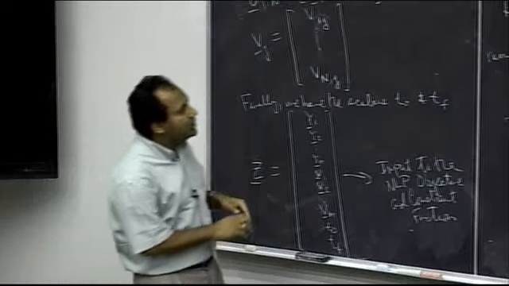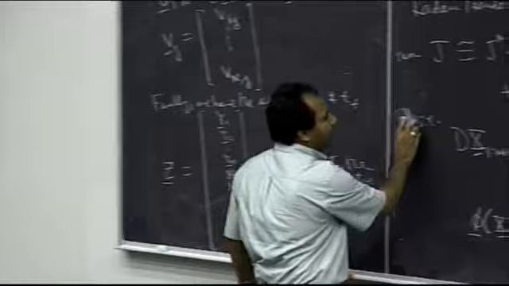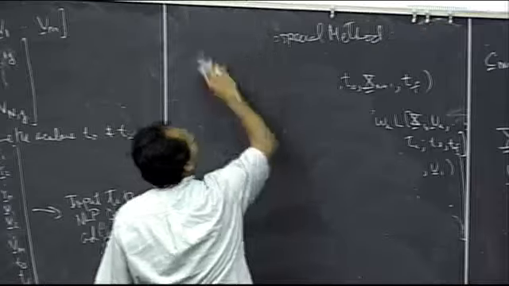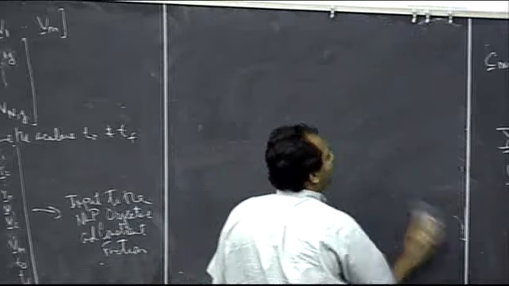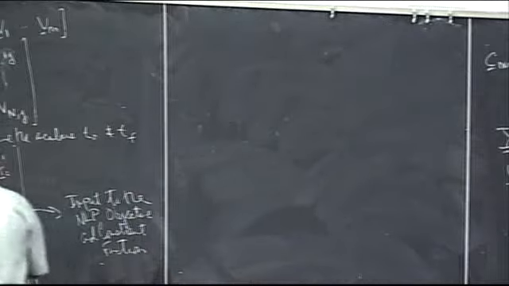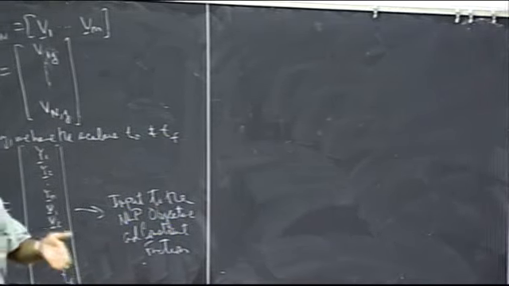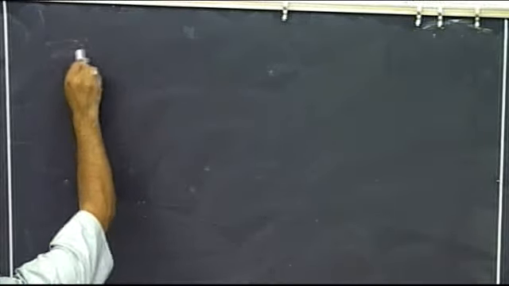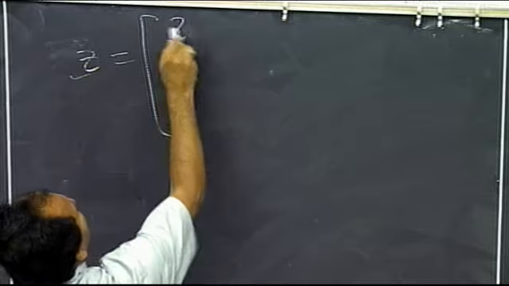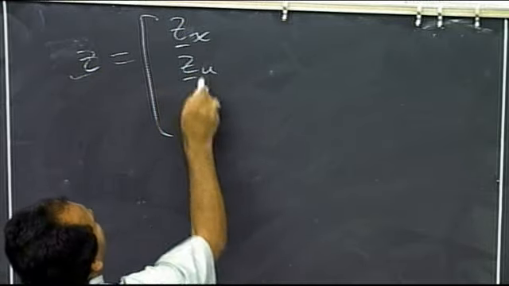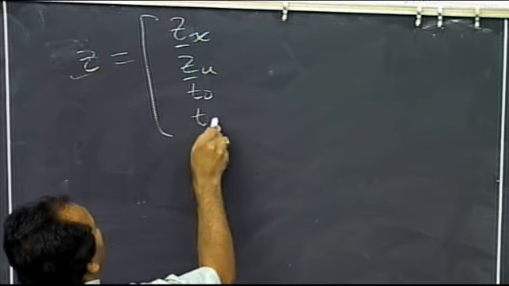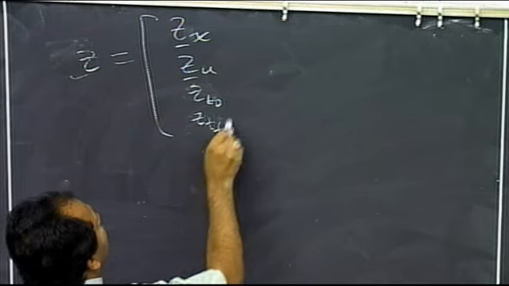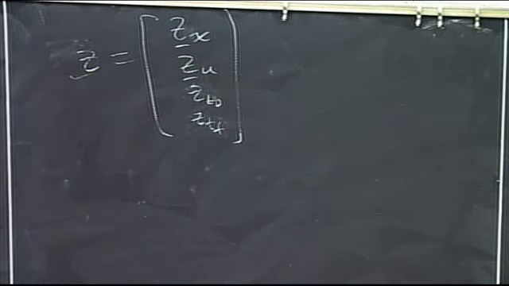Once you've created that, you strip off from the NLP decision vector those parts that correspond to the states and those that correspond to the controls. Suppose I write z as a bunch of variables that correspond to my state, a bunch that correspond to my control, something that corresponds to my initial time, z t0, and something that corresponds to my final time.